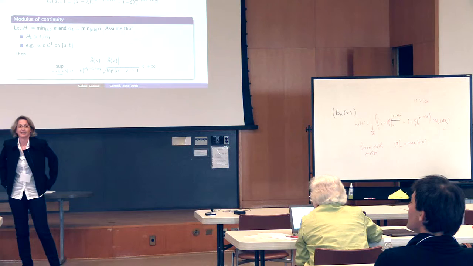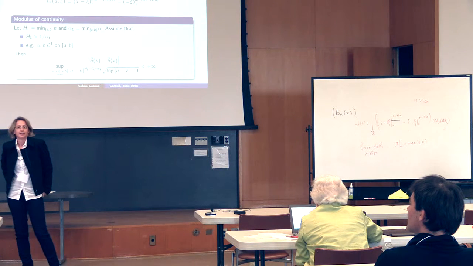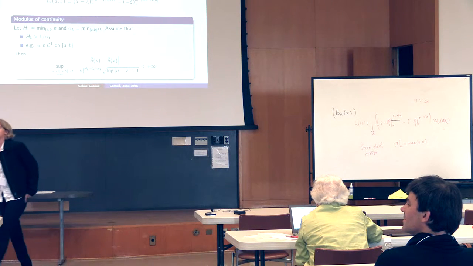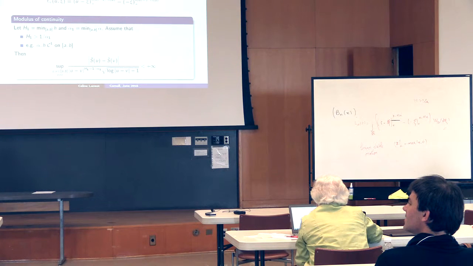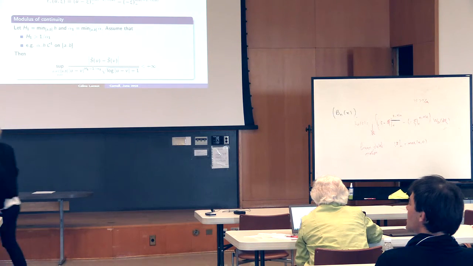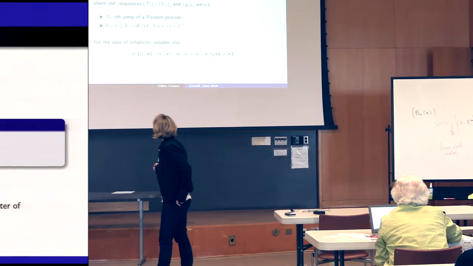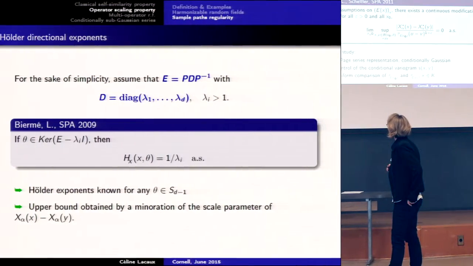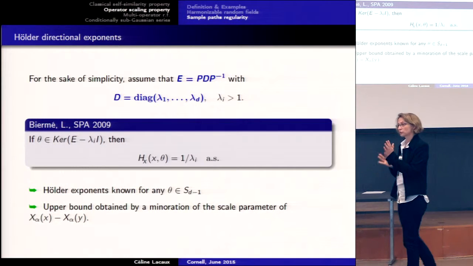Any questions? Comments? Yeah. Maybe I missed this point. For the modulus of continuity, what do you use? Just Kolmogorov criterion or metric entropy? No, like Kolmogorov, except that you have to control the anisotropy.